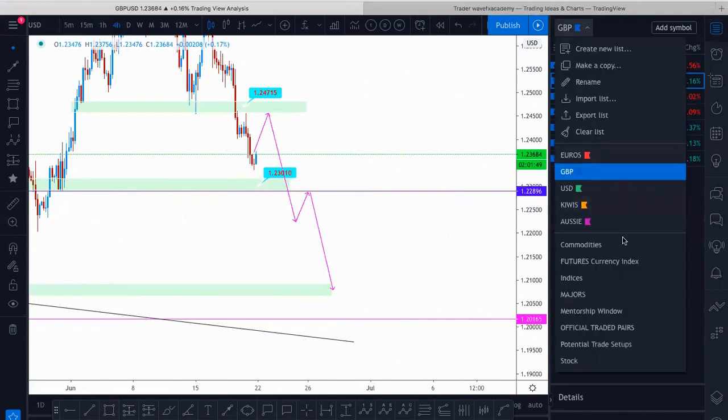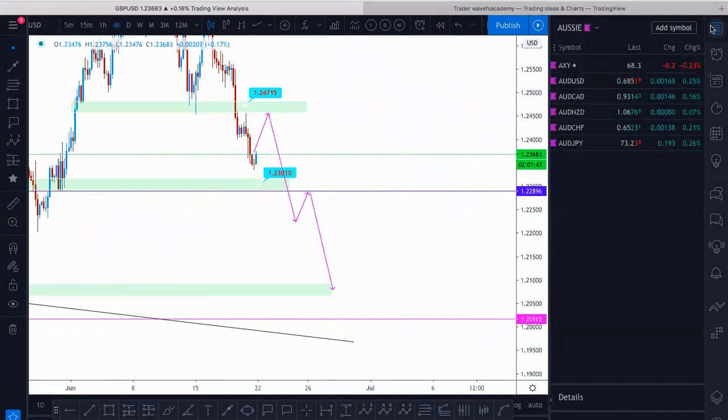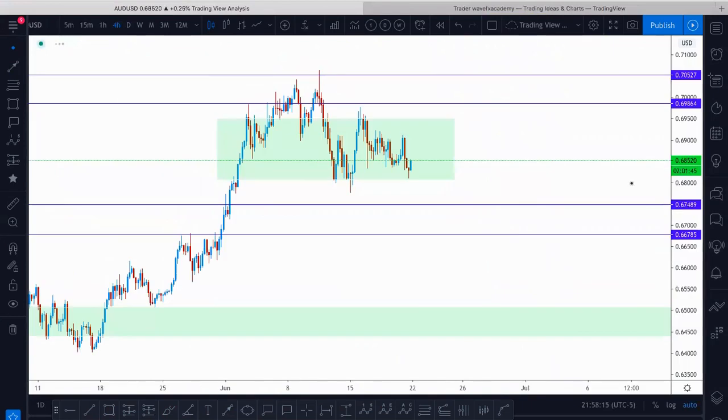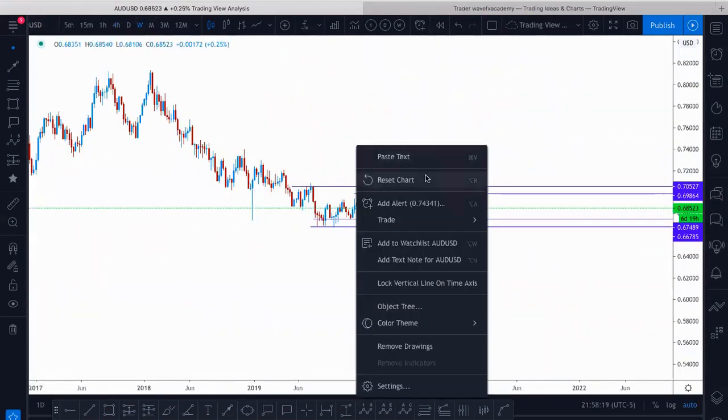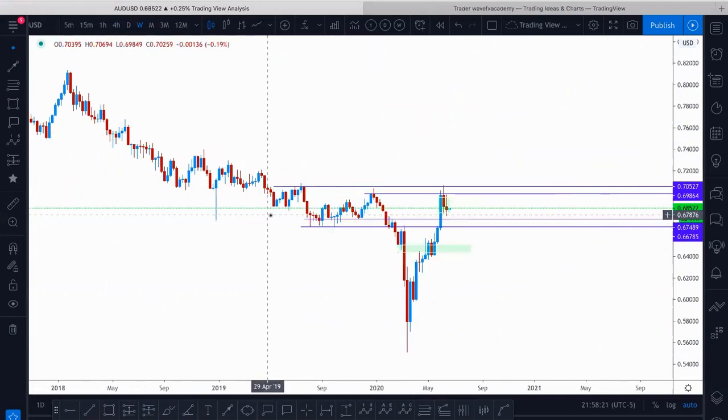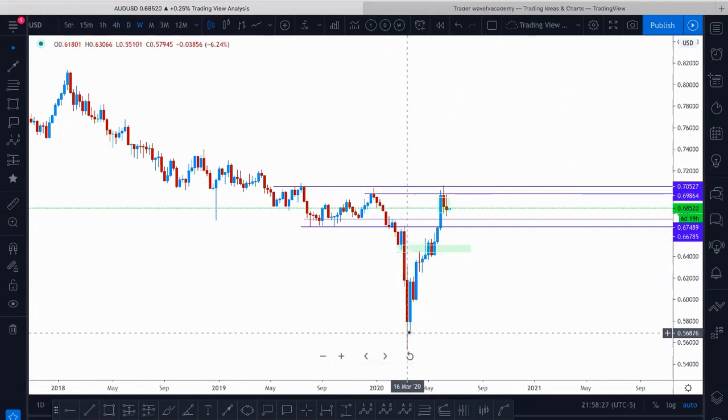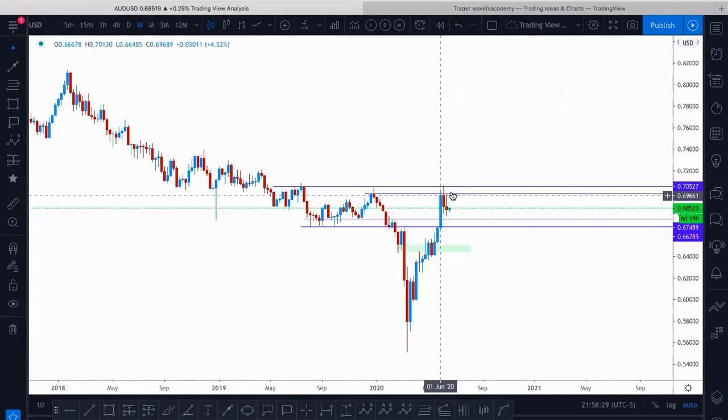And finally, we'll be looking at Aussie USD. And if we start things off from the weekly time frame, we are seeing where the market on the weekly time frame is coming out of a sharp move to the downside, followed by another sharp retracement.